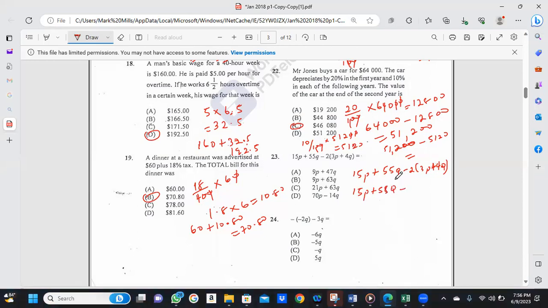So you multiply this out, this will give me negative 6p, then negative 8q. So we are going to get 15p minus 6p plus 55q minus 8q. That gives me 9p, right? And work out this, that gives me 47q. Am I right? Yes, sir. All right, so the answer would be A.